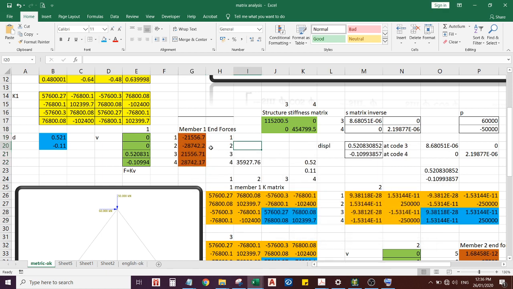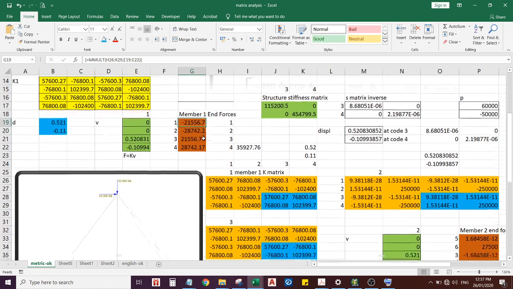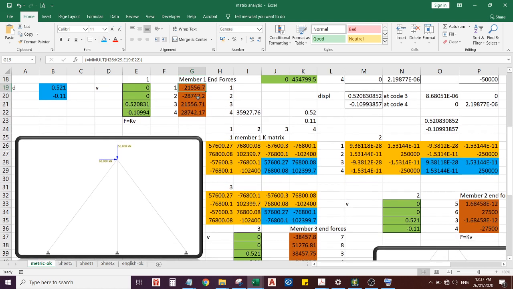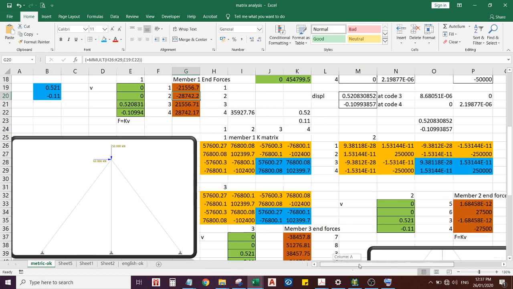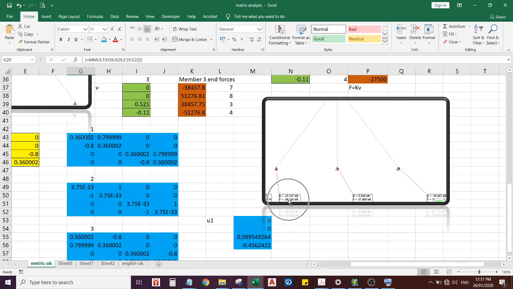And that is now your member end forces for member 1. This is again consistent with our coding. This one is for code 1, that means horizontal force at code 1, 21.56 kilonewton, while this one is the vertical force at code 2, which is our reaction. See? The reaction in STAAD also.